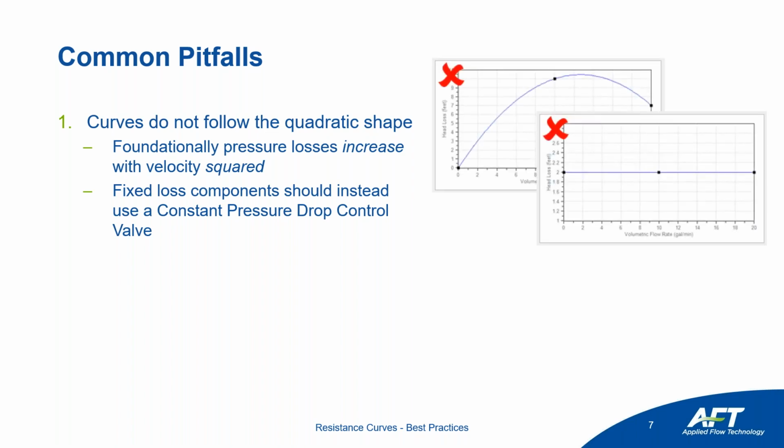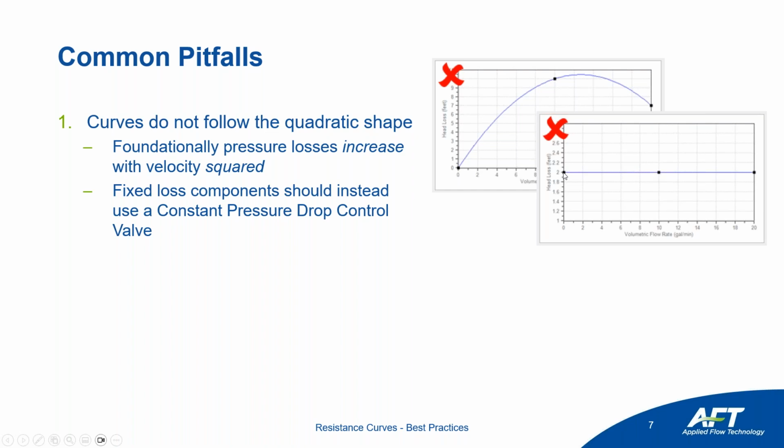So here are some examples of resistance curves that I would consider misinput, where at this point we can see it has that 0, 0 loss. It has technically a quadratic curve, but we should see an increase in friction as flow rate increases, not a sudden decrease.